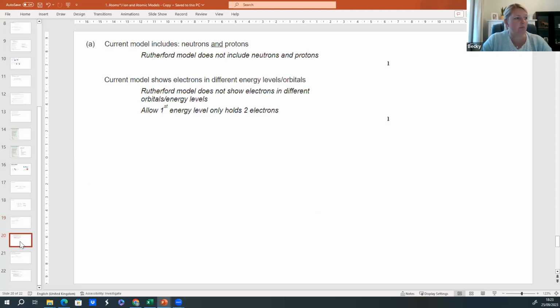Okay, so in the current model, we have neutrons and protons. In Rutherford's model, we were still just at the point of having that positive nucleus. We didn't know about the neutrons yet. And in our current model, we now know that those electrons are in different energy levels.